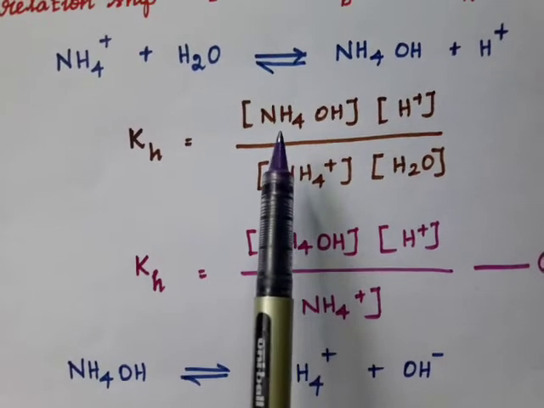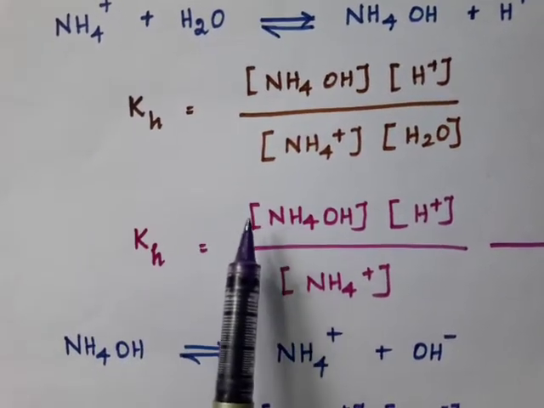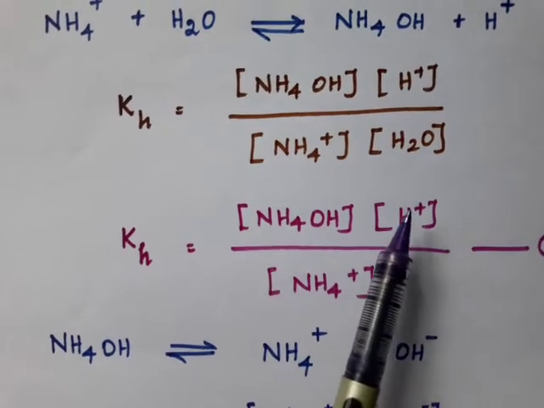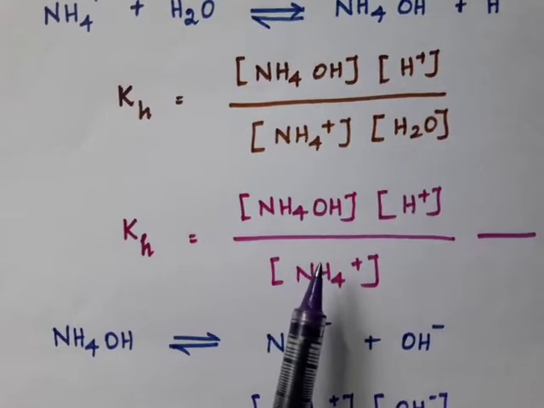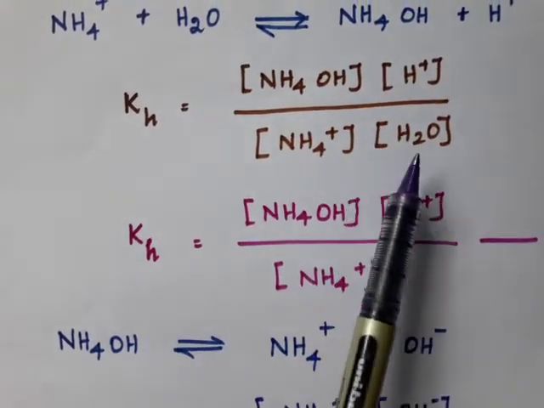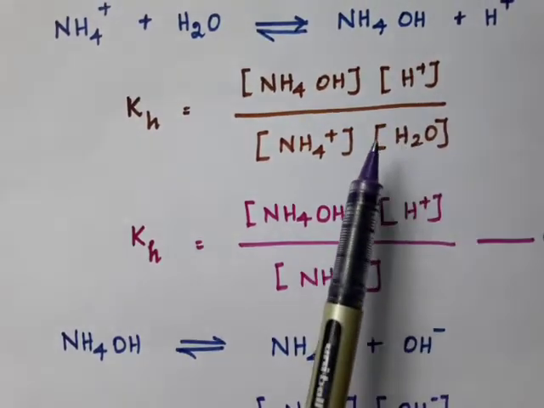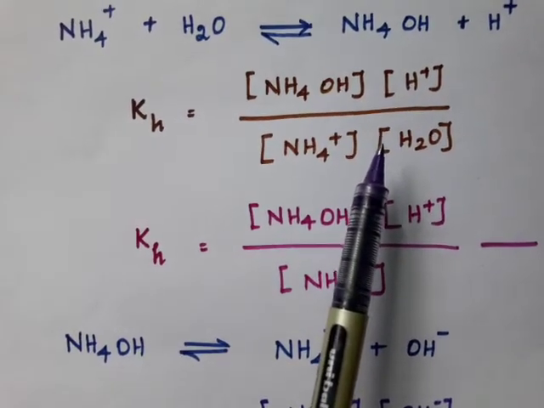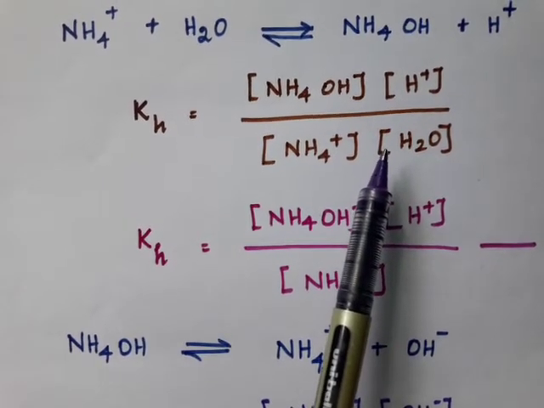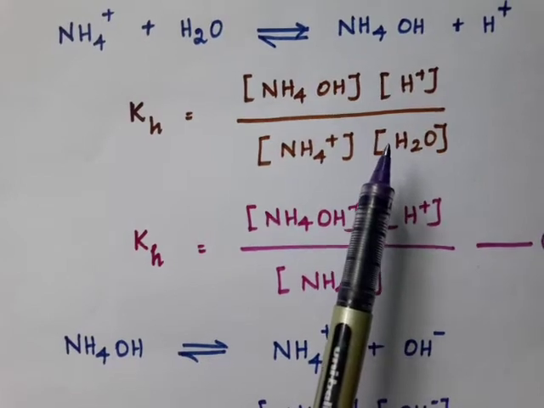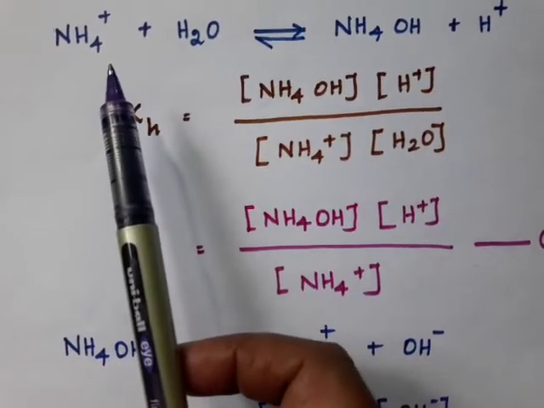So we can alter this Kh equation. Kh is equal to the concentration of NH4OH and the concentration of H plus divided by the concentration of NH4 plus. This is because we have taken a large excess amount of water. Compared to the initial amount, the amount of H2O taken by NH4 plus is very small.